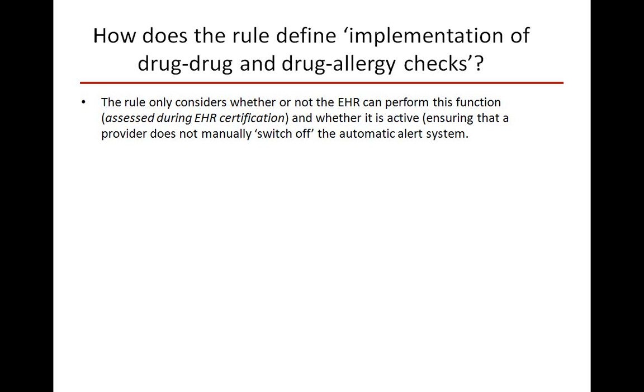By default, most EHRs will have this functionality enabled, and again, a lot of times the alerts might be a little sensitive, so you might want to talk to your vendor about going in and really working to modify some of those alerts so that they are more appropriate for your practice.